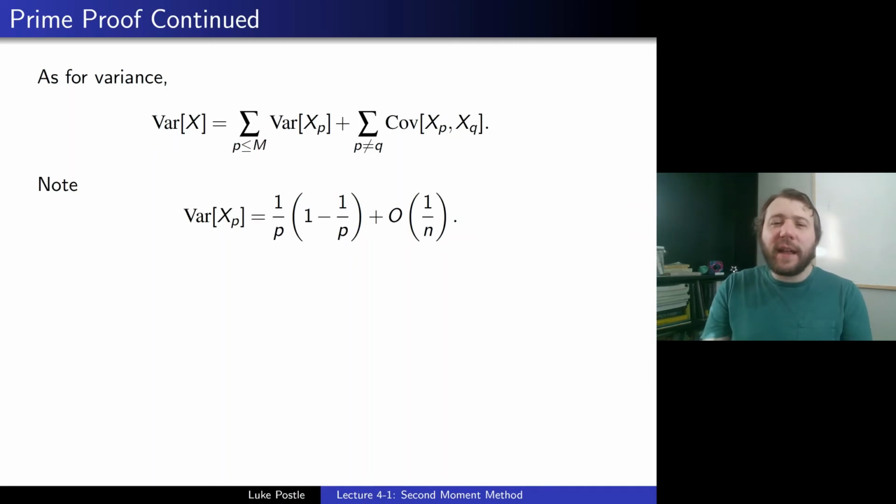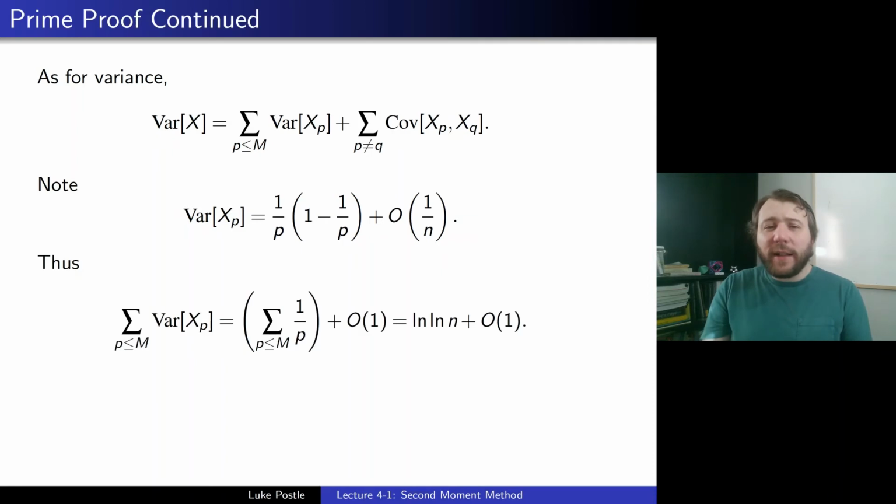Because you can think that X_p has essentially probability 1/p, and so as we showed before with indicator random variables, you get this formula 1/p (1 − 1/p). So p_i is essentially this 1/p. All right, so that means that the sum of those individual variances is essentially the sum of the 1/p's, which is, again, the same quantity, using that theorem from number theory.